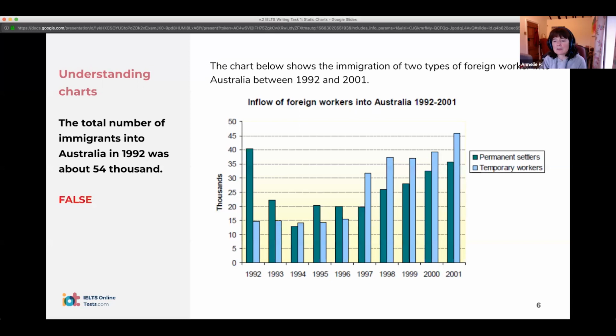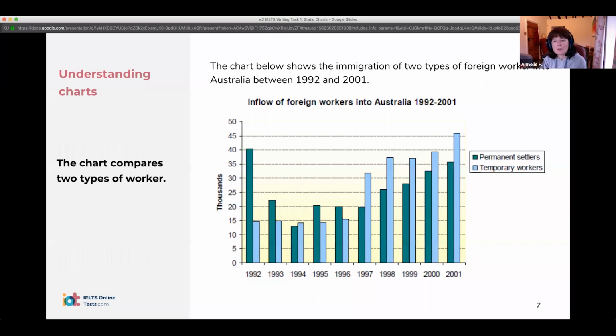What kind of immigrants? Yes, very good, people who are coming here to work. You've got to get this kind of information correct for it to be accurate, and if you're looking for a band 7, you definitely need to be getting that kind of precise information.